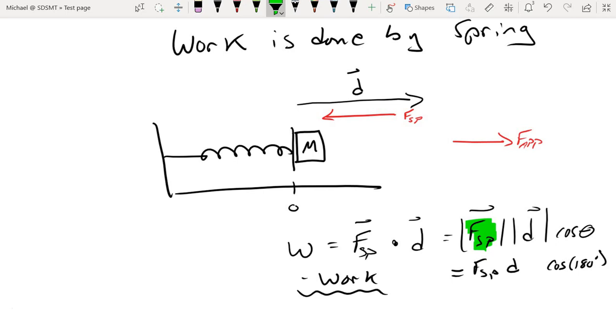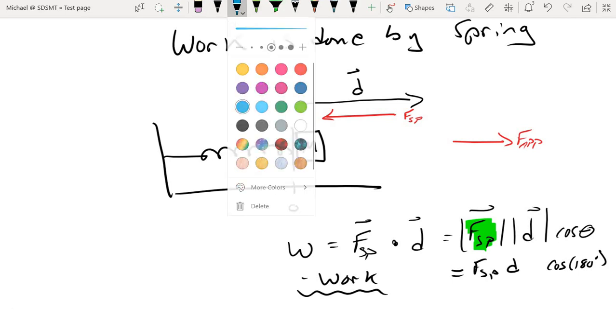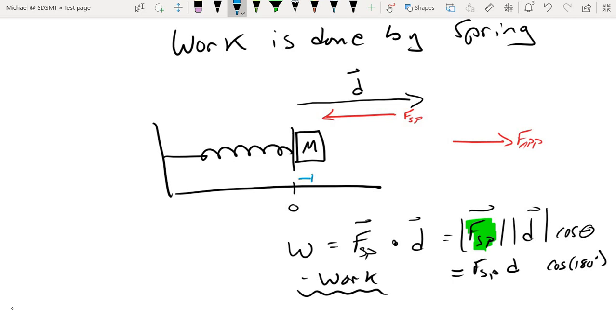And that's the big problem, because as we continuously remove our spring from the equilibrium position, every little displacement is going to cause a change in the magnitude of our spring force. That's the result of the equation that we have for the spring force, because it is dependent on position.